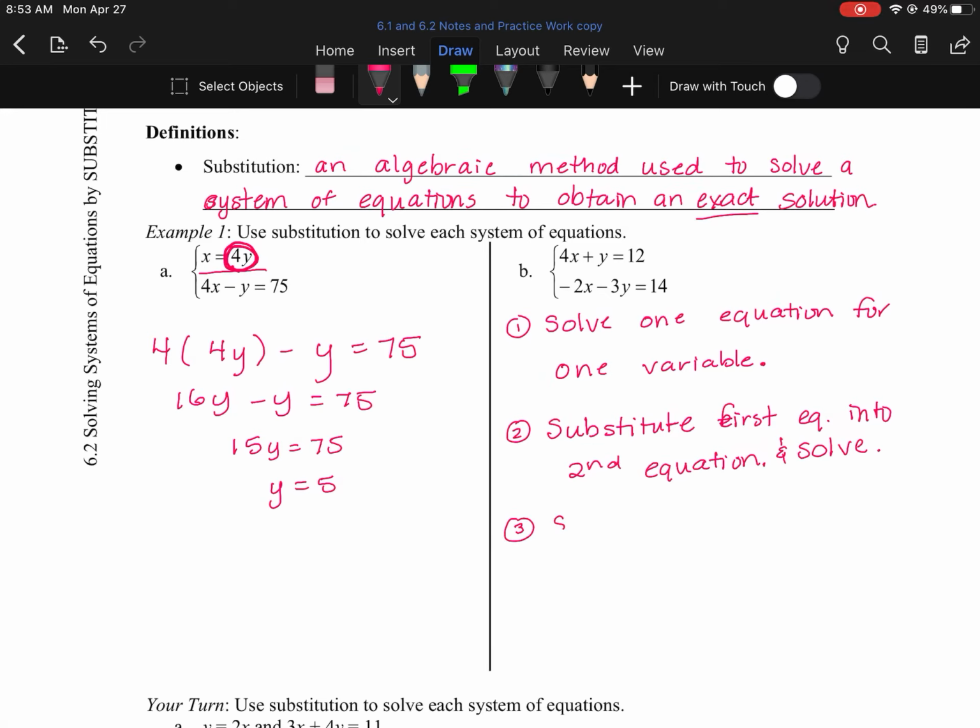So now we're on our step 3. Substitute your answer into either equation and solve for the remaining variable. You can really substitute into either equation.